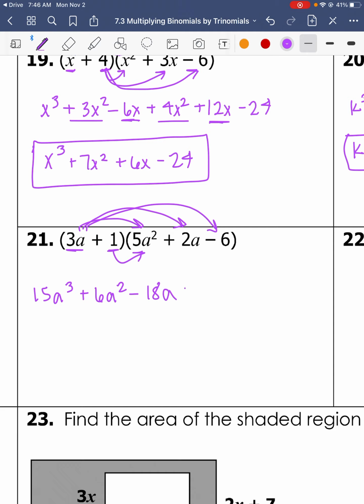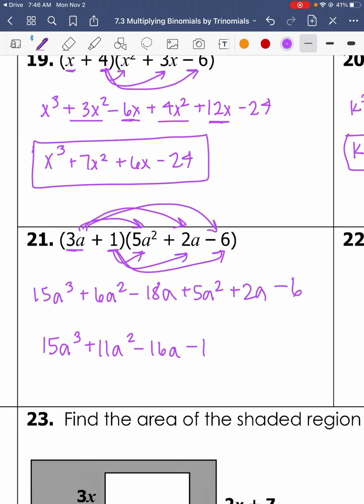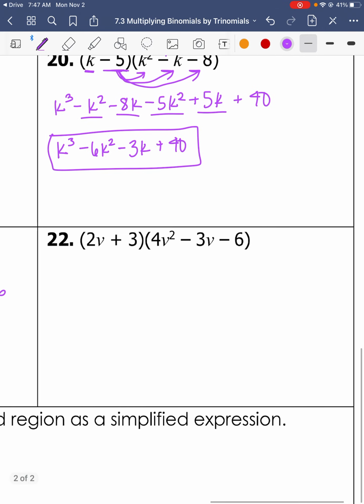Then looking at this 1 times 5a plus 5a squared. 1 times 2a plus 2a, and then 1 times negative 6 is going to be minus 6. Here we have 15a cubed plus 11a squared minus 16a minus 6. Already in standard form, there's our final answer.